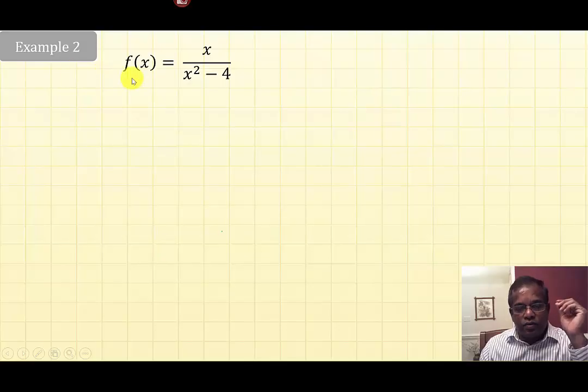Example number 2. Now let's graph this rational function, again using vertical asymptotes, x-intercepts, horizontal asymptotes, and y-intercept.